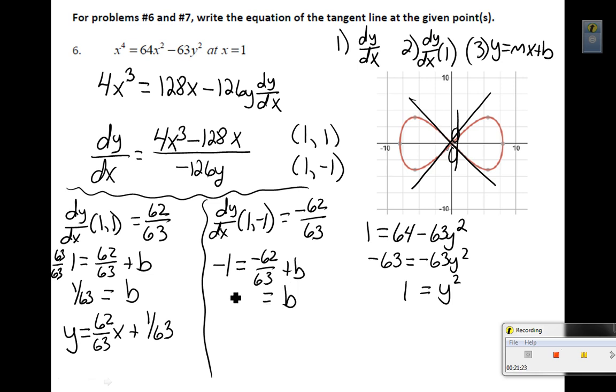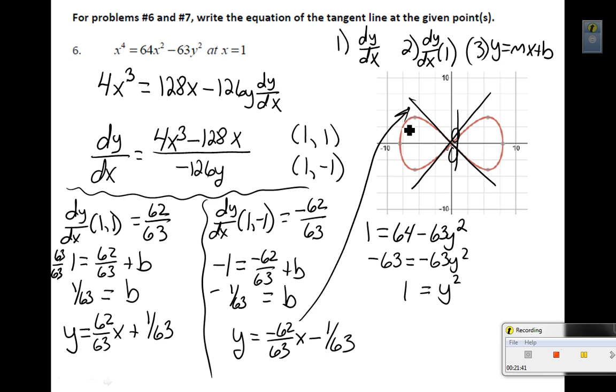So b is going to be negative 1/63. So here's that equation: y equals negative 62/63 x minus 1/63. You just found that equation. Number 7's like it, but it's a lot easier. There's just one line on that one.